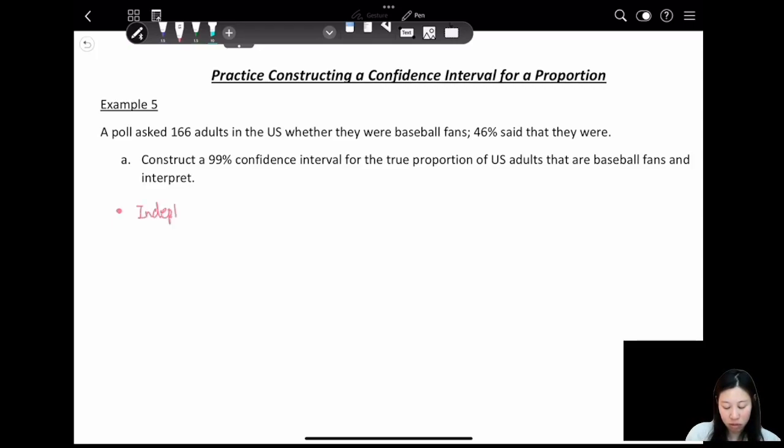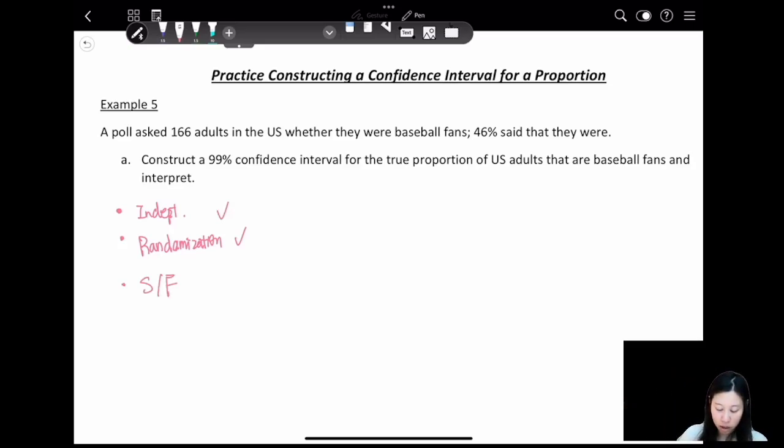Independence: since the 166 adults did not influence each other, this is an independent experiment. And definitely randomization. So these two are checked, and then we still need to check the success and failure rate.